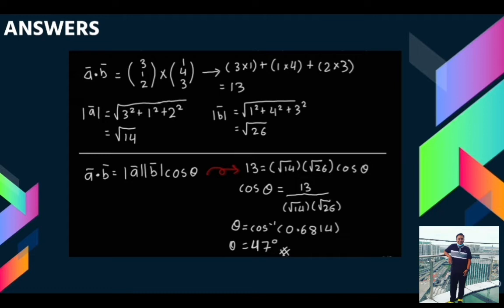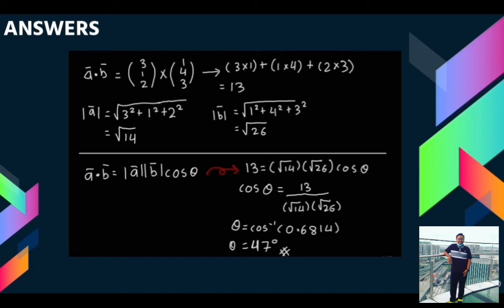Next, the formula for A dot B is the magnitude of A times the magnitude of B times cos theta. For example, A dot B is 13, then the magnitude of A is square root of 14, then the magnitude of B is square root of 26, then cos theta.